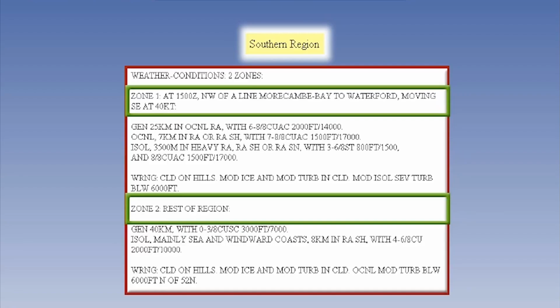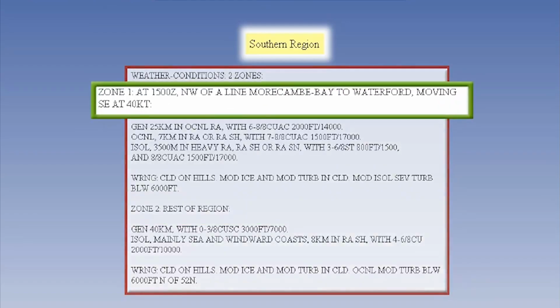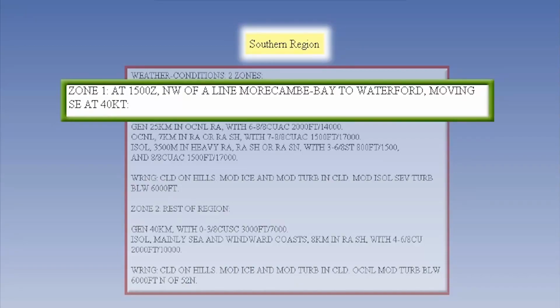The boundaries of these zones are highlighted by way of explanatory text. If these boundaries change with time, then movement is described accordingly. The boundary of Zone 1 in our example is given at 1500 Zulu and is a line northwest from Morecambe Bay to Waterford and is moving southeast at a speed of 40 knots.